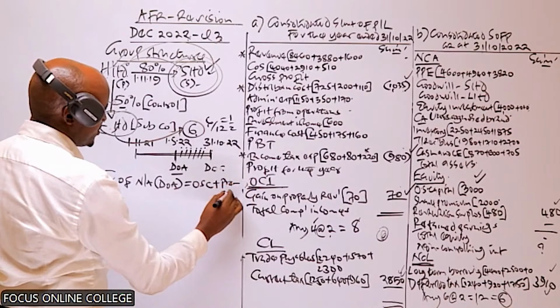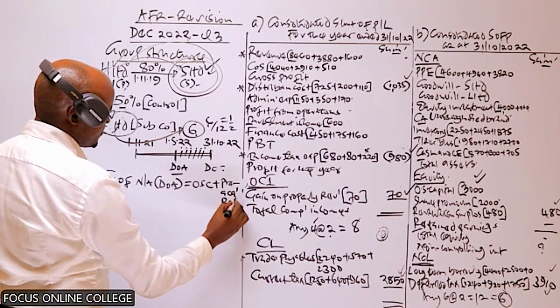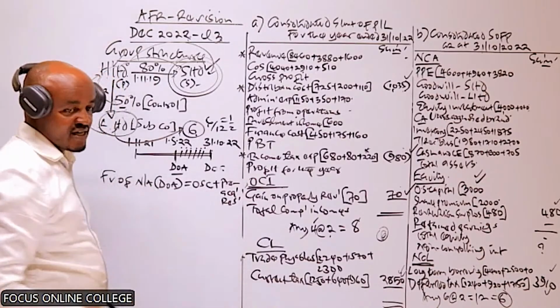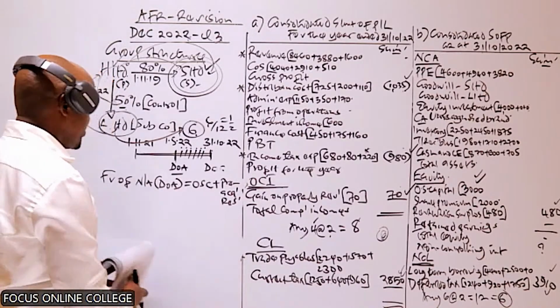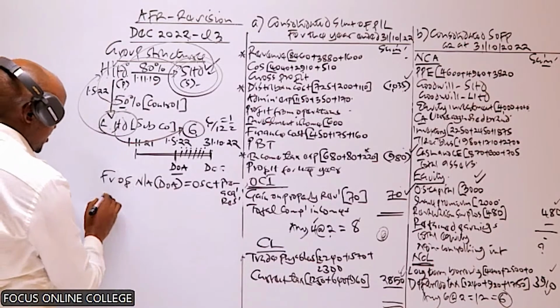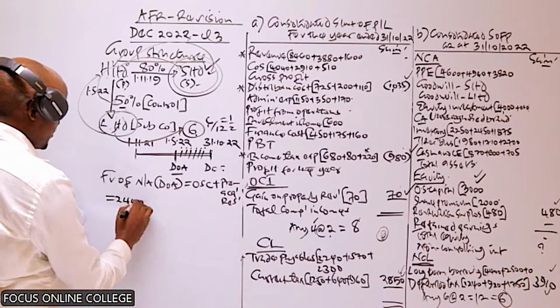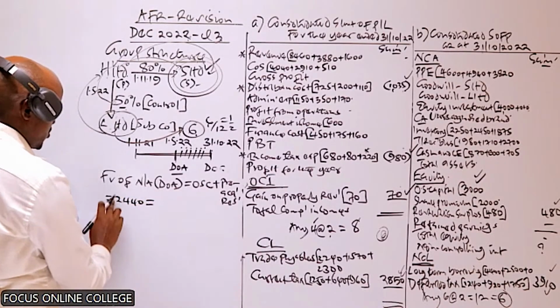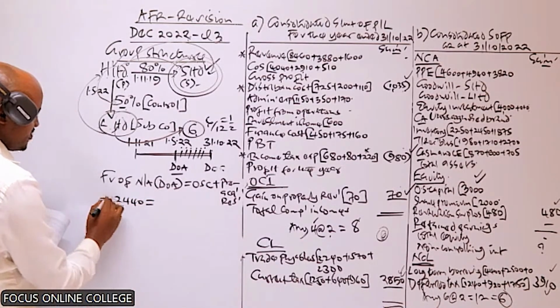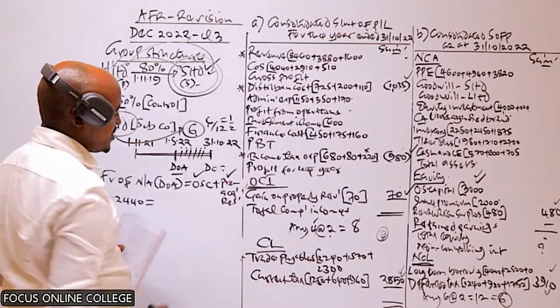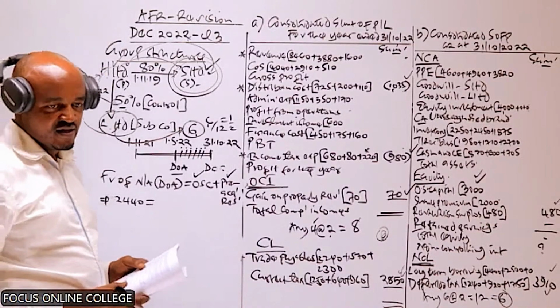That is how we compute the fair value of the subsidiary company's net assets on the date of acquisition. In our case, the fair value of the net assets is given as 2440, so this should be equal to the ordinary share capital of S plus the pre-acquisition reserves.